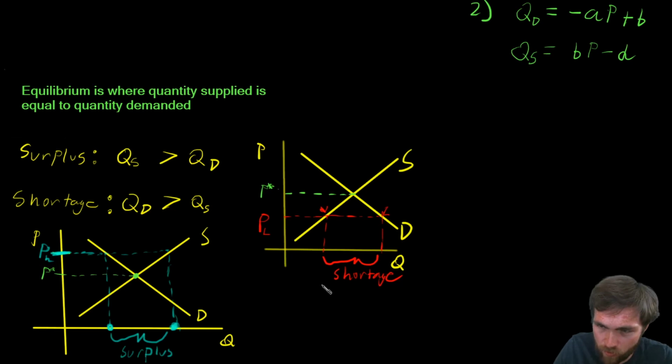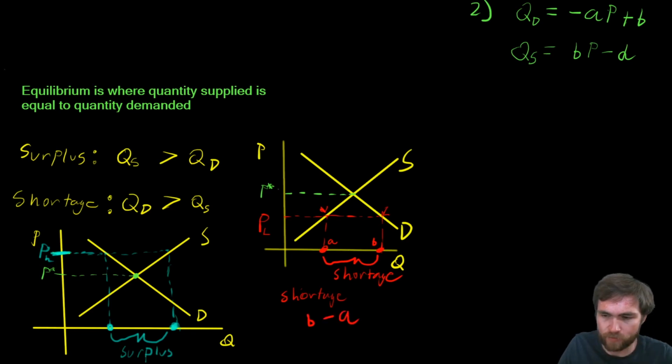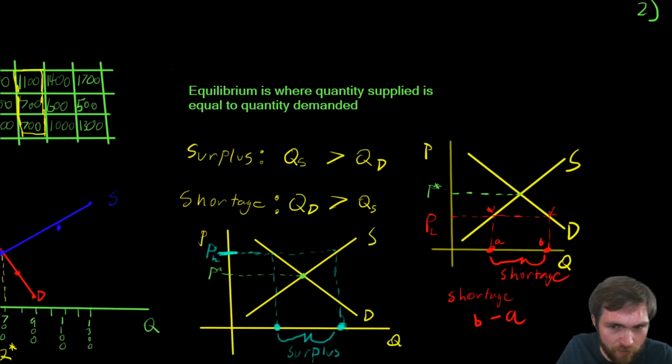And so if, for instance, we called this point point A and this point point B, the shortage would be given by B minus A. And so that's a simple illustration of those graphically.